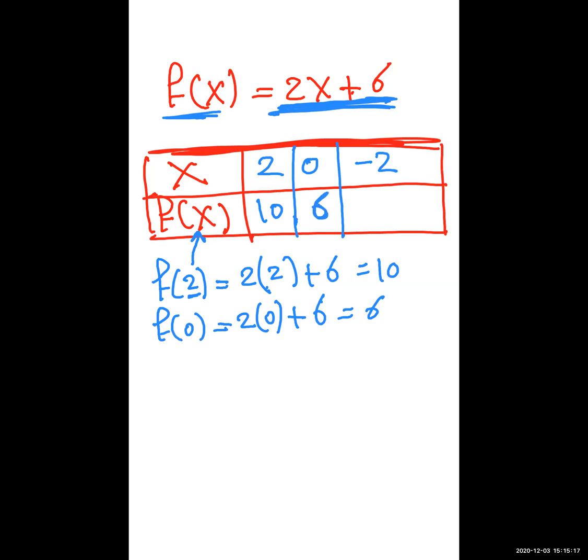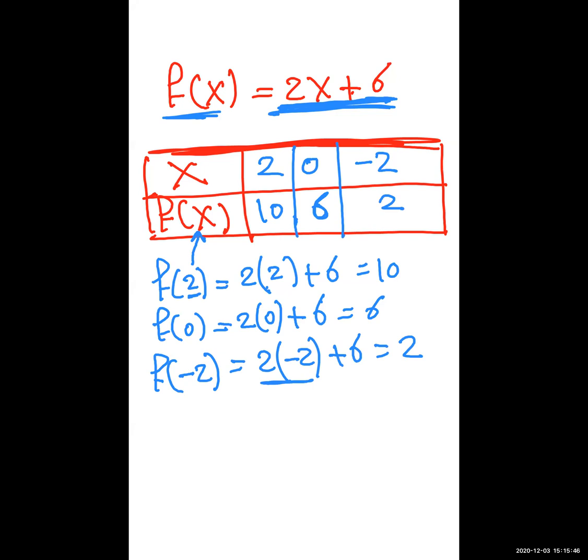If it's negative 2, so f of negative 2, now substitute the value of negative 2 instead of x. So f of negative 2 will equal 2 times negative 2 plus 6. So it will equal negative 4 plus 6, which is 2.